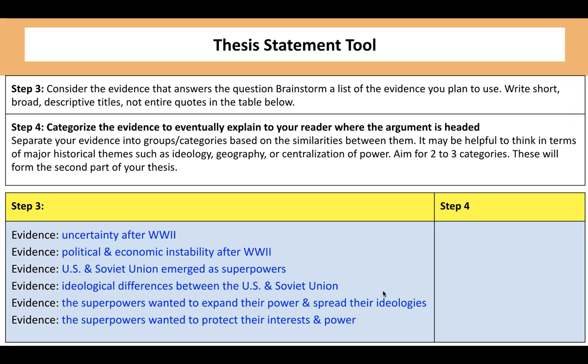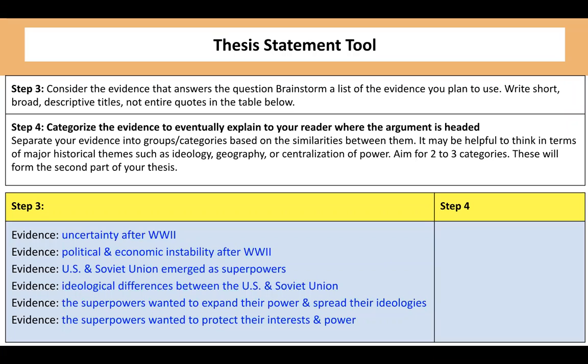They didn't want the other one to get more powerful, and they wanted to spread their ideologies. And thinking about how they didn't want the others to get more powerful, I also put down that the superpowers wanted to protect their own interests and their own power. So these are the things that came to mind that really contributed to the Cold War.